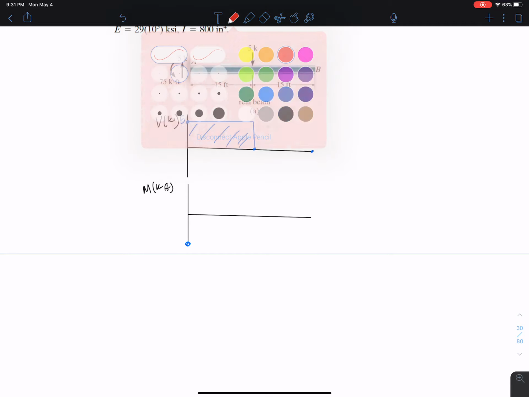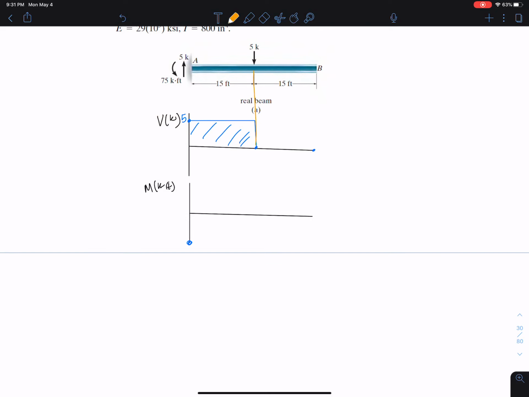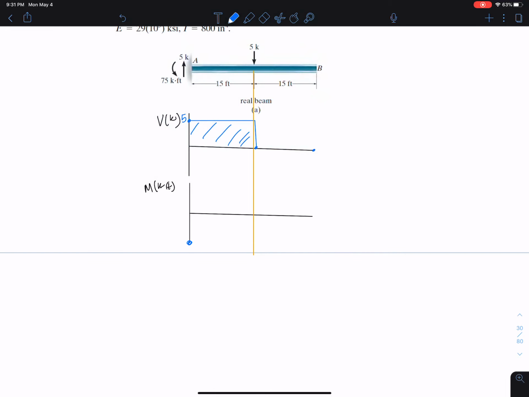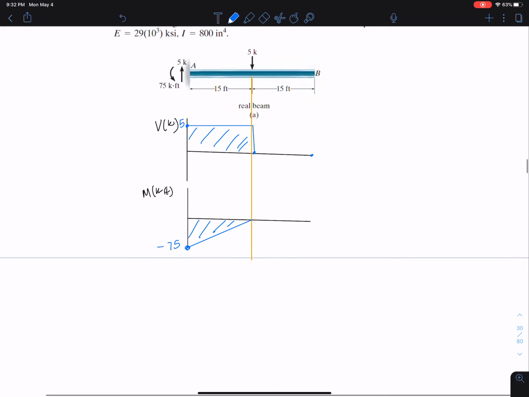Let me draw a line here. We'll pretend that line intersects in the right way. And then we're going to go up here. That's pretty much it. And now we can construct our conjugate beam.